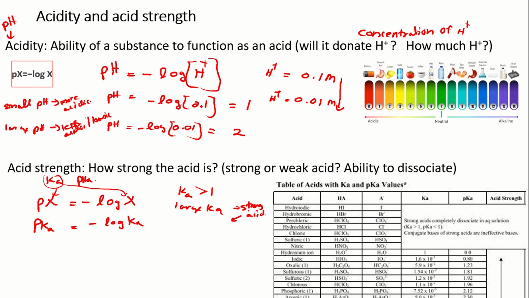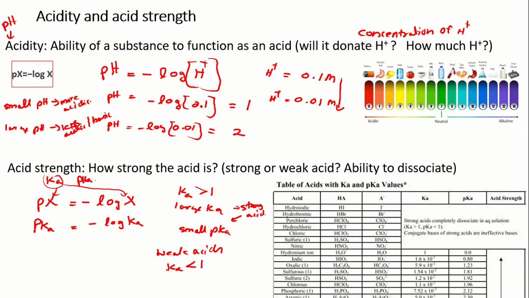It means the stronger acids are going to have small pKa. And then in weak acids, your Ka is usually very small, smaller than 1.